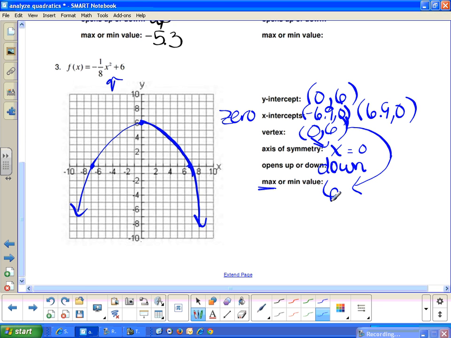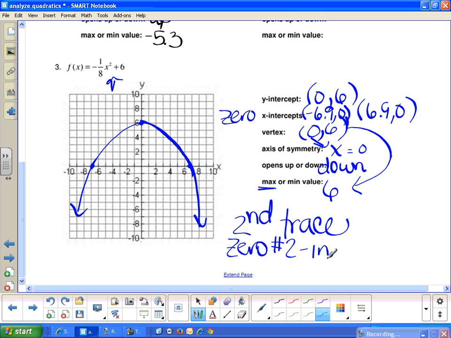So remember, if you're looking for an x-intercept, we're going to pick 0, and these come from second trace on your calculator. You want 0, which is number 2, for our intercepts. Let's say x-intercept specifically.